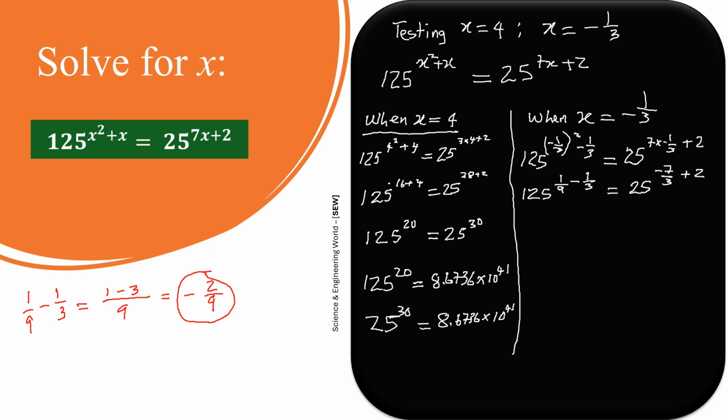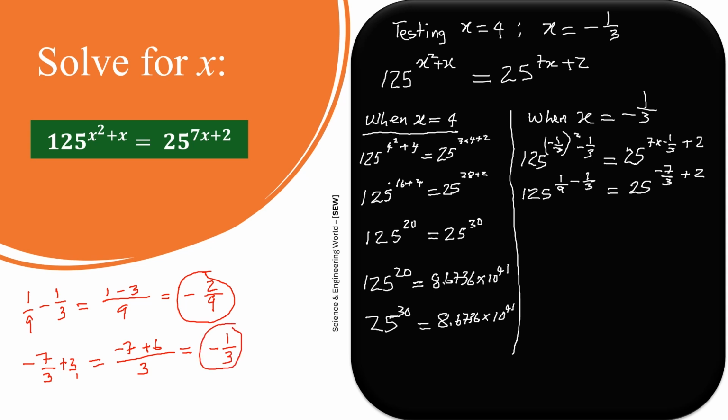For the power of 25, we have minus 7 over 3 plus 2, and the LCM is 3, so 3 in 3 is 1, that's minus 7, then 3 times 2 gives us 6. So this gives us minus 1 over 3.